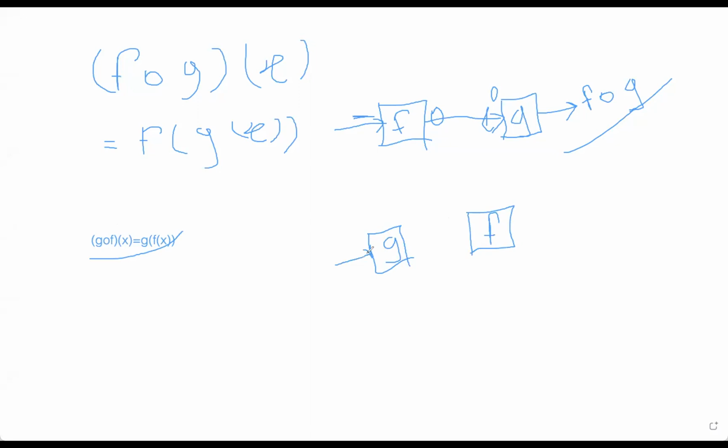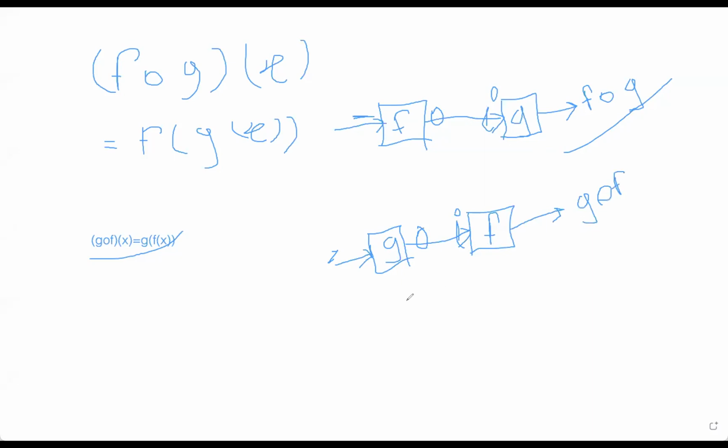Whatever is given as input to function g, the output of this function g is given as the input to function f. And whatever the output of this system is, it is g composite f.